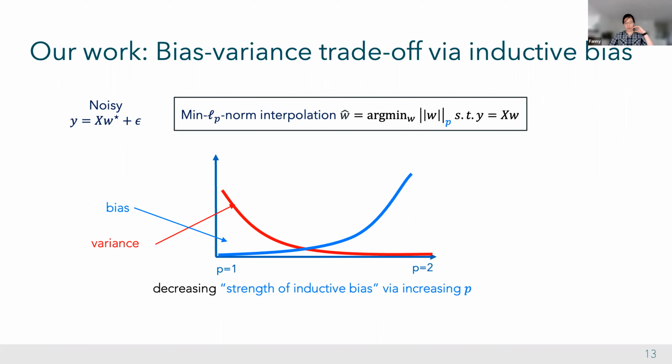So if you think for fixed D and N, you're starting at P equal to 2, say D is much larger than N, and we know that P equal to 2 gets a very low variance. And now we walk towards P equal to 1. So P equal to 1 is essentially forcing your solution to be sparse. So what that means is it's letting you look at fewer directions in order to fit the noise.